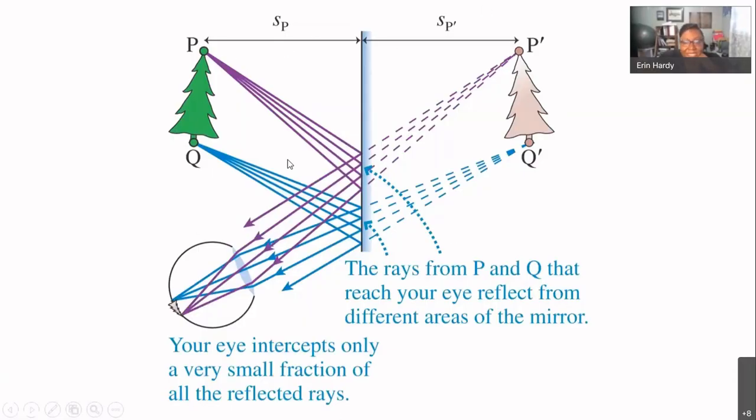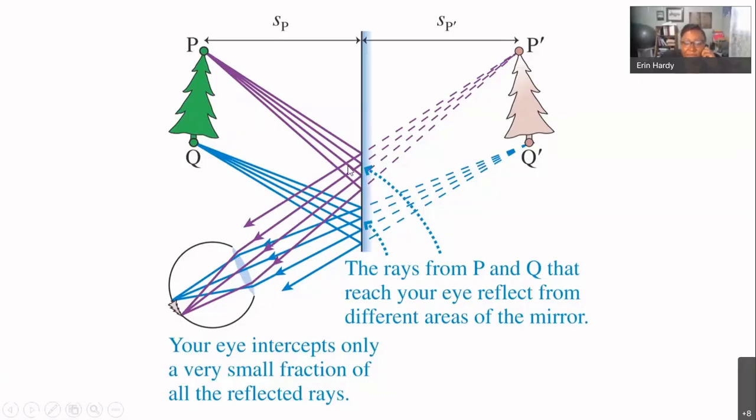So the way that we would adapt that process that we saw for the single point source so that it can accommodate objects that have height is to just take essentially one sample of the diverging light rays that are interacting with the top of the object, one sample that represents the diverging light rays interacting with the bottom, and we can basically apply that same law of reflection just twice.